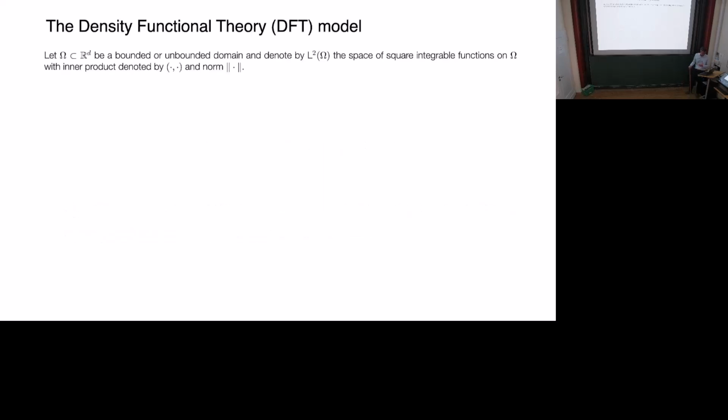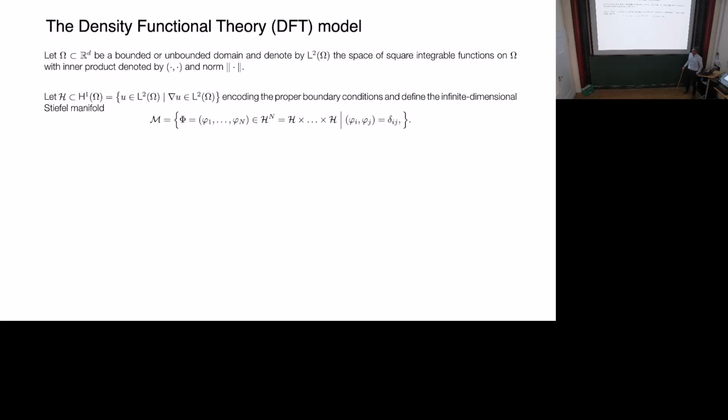Okay, so let us first take omega to be a bounded or unbounded domain, and we consider L2, the space of square integrable functions, and we denote the inner product and the norm just like this. If there's no subscript, it's L2. Then you can introduce H1, and curly H is a subspace that encodes the proper boundary conditions.